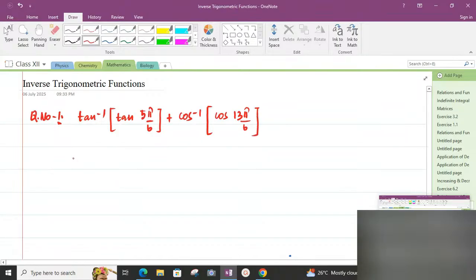So this is the question, and it asks us to find out the value of this expression. Let's see the solution. This is a very easy question.